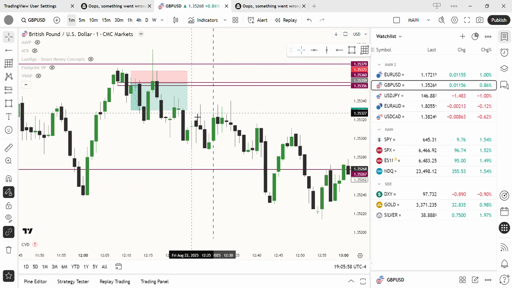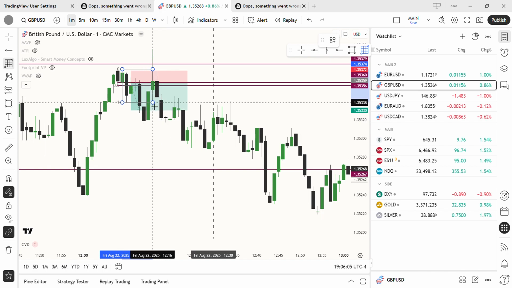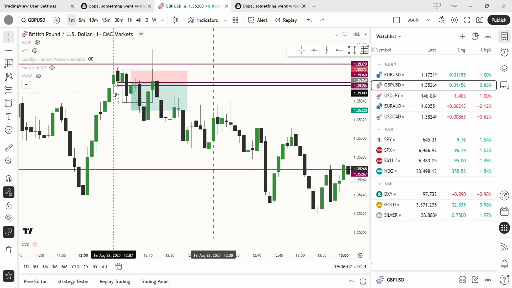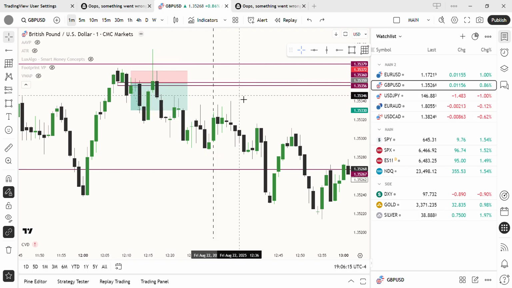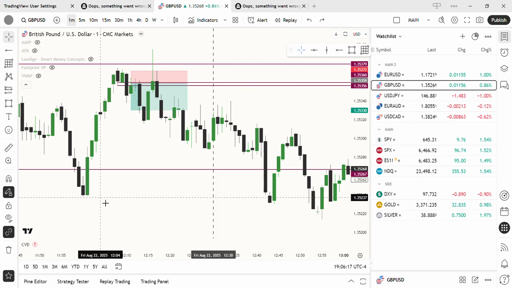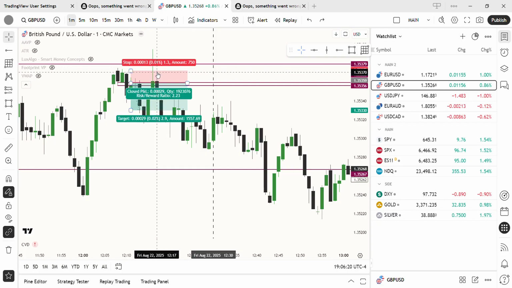What kind of setup is it? It's a class B setup, because we don't fill a fair value gap. So 4% risk, and we won. If we targeted any lower, it would have been stopped out.